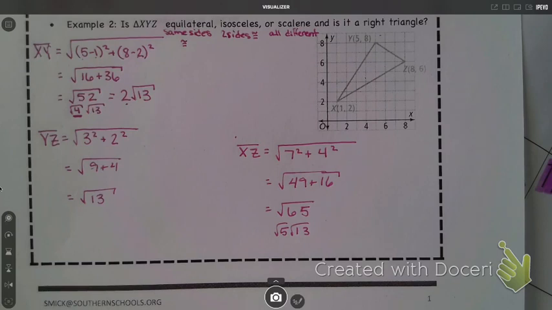Do we do YZ too? Mm-hmm. Because in order to see the relationship of the sides, we have to do all of them.